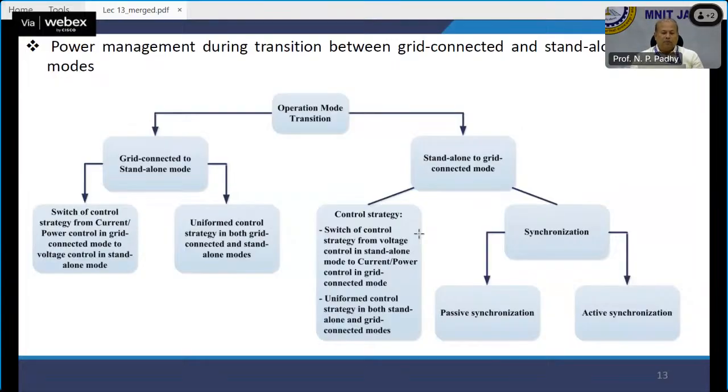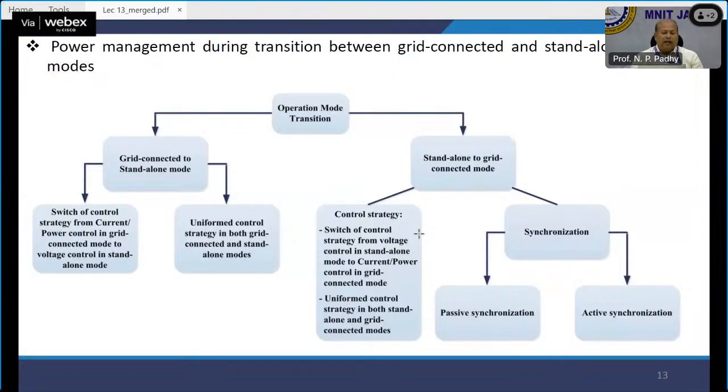Now, when you're moving from standalone to grid, what will happen? From voltage control to power control mode, you have to shift. Previously power to voltage, now voltage to power. Switch the control strategy from voltage control in standalone mode to current or power control in grid connected. Right? So always when we are at standalone, we are in voltage control mode. When we go to grid connected, we go with power or current control mode. A uniform control strategy in both standalone and grid connected mode is very important.